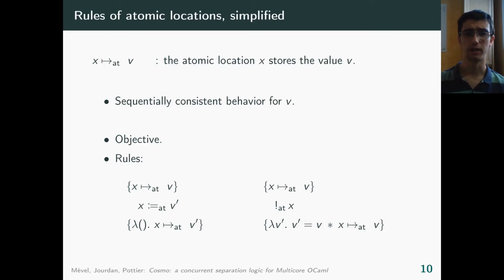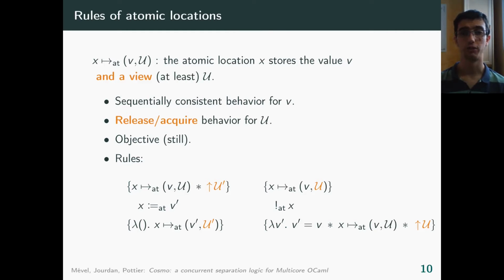So recall that atomic points-to V means that X stores the value V. We now extend this assertion so that the atomic location stores the pair of a value and a view.